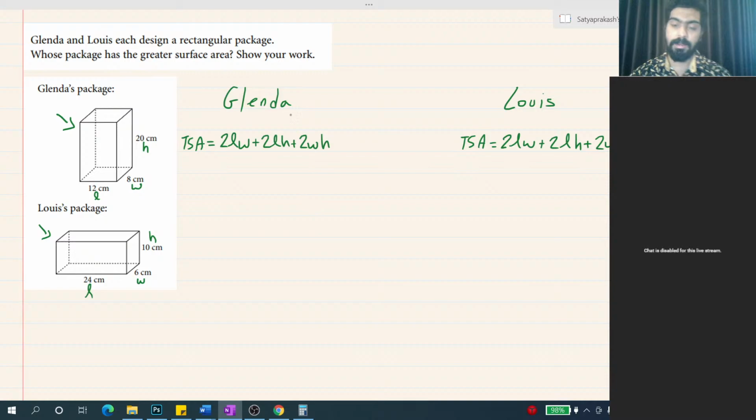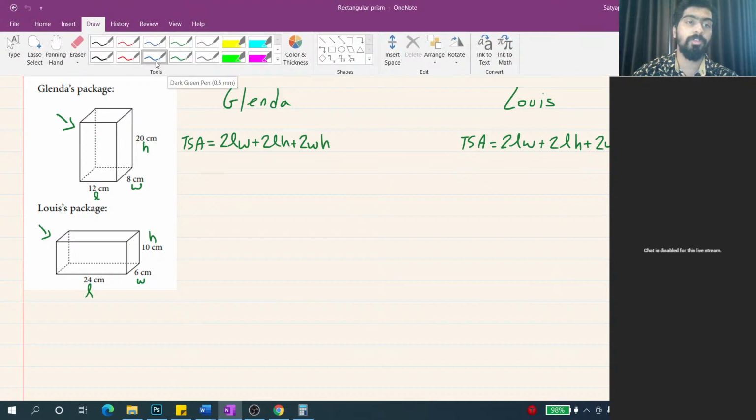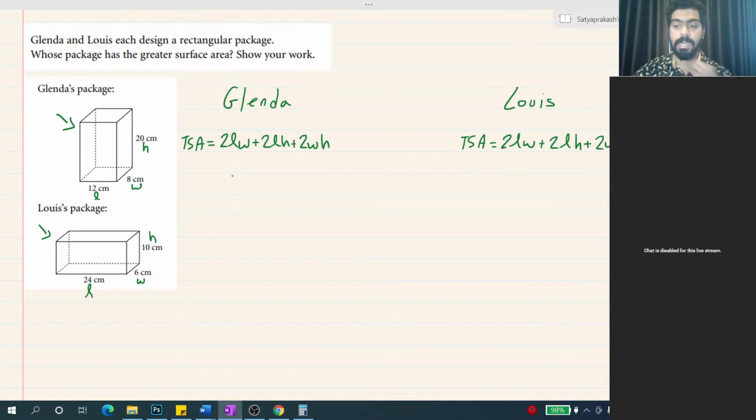All right, now let me start finding the surface area of Glenda first. So how we can do this is we can find it by using the formula which I have typed just here, right?